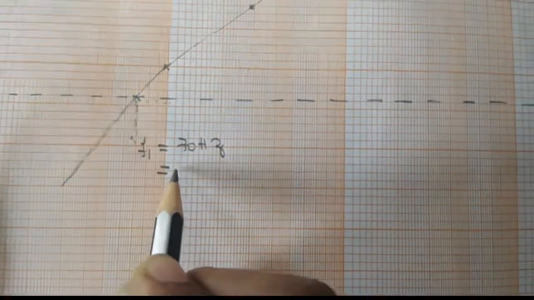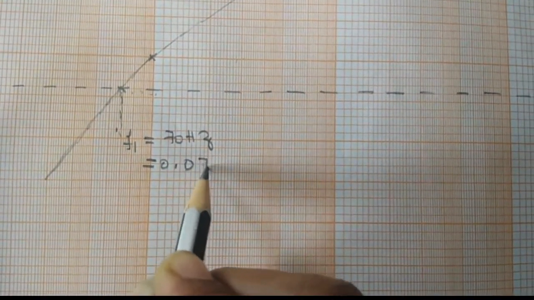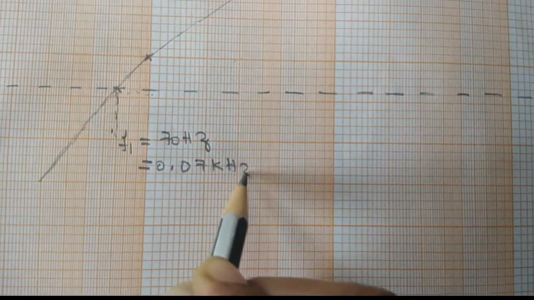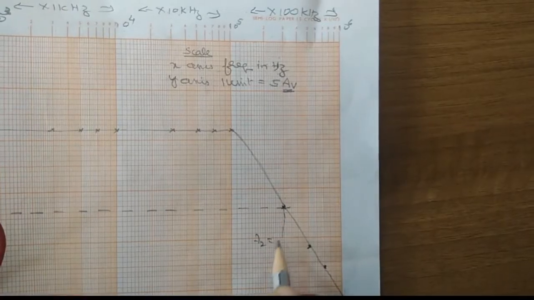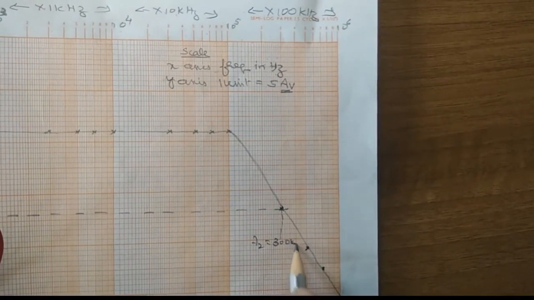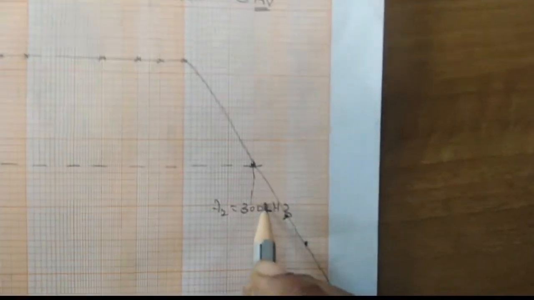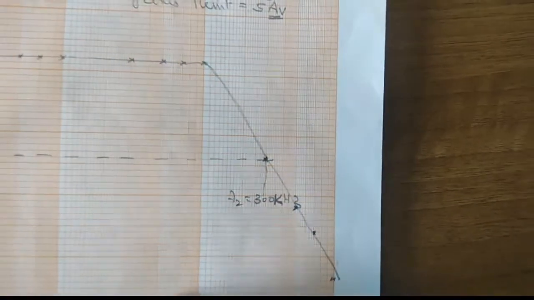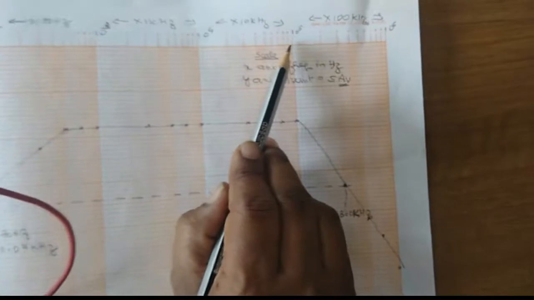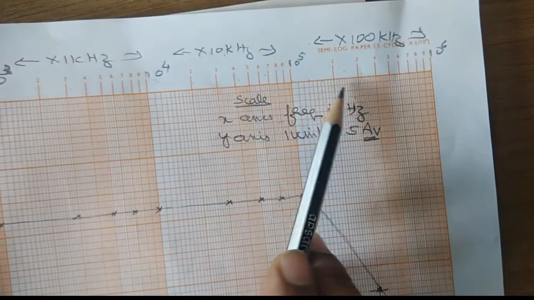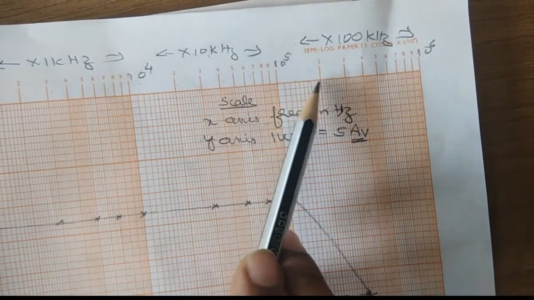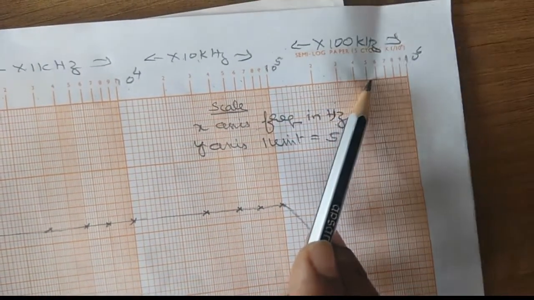I will convert this to kilo. It becomes 0.07 kilohertz. Then coming to F2, F2 is 300 kilohertz. One more thing, students, we should see that between 1 to 5 the subdivisions given are 10 lines. 1 to 2, 10, 2 to 3, 10, 3 to 4, 10, 4 to 5, 10.